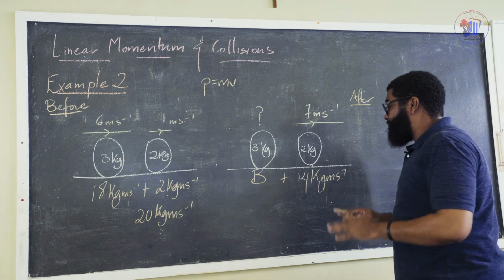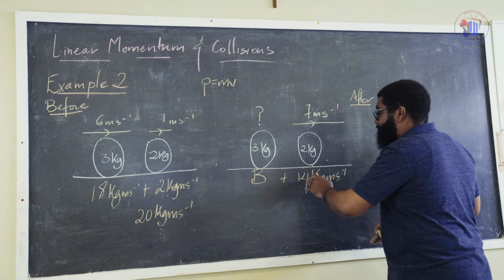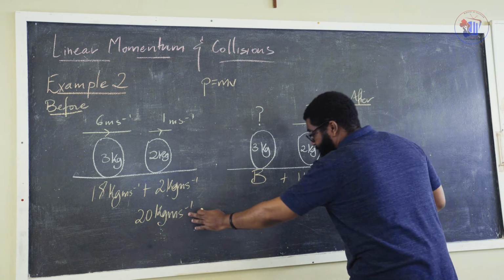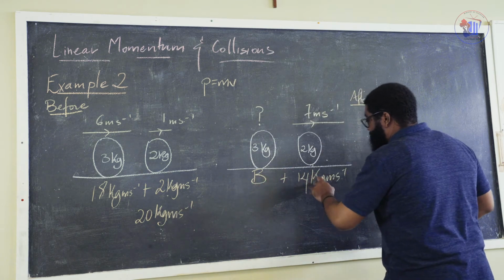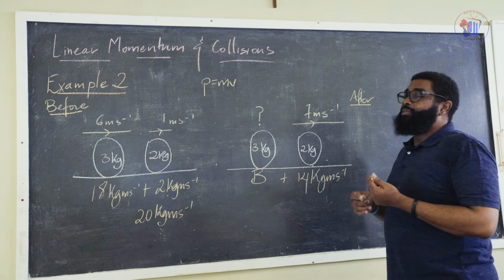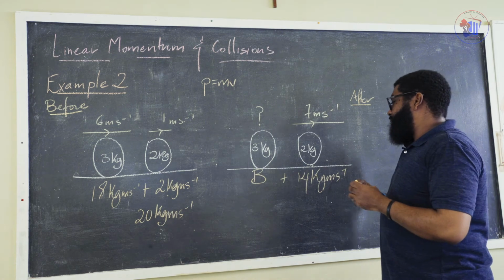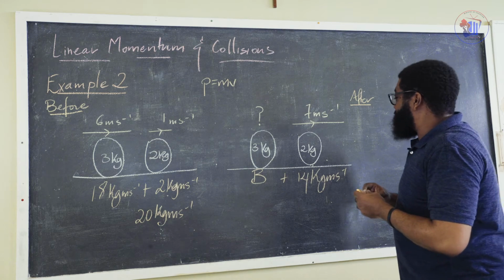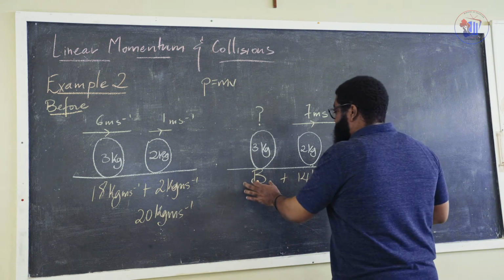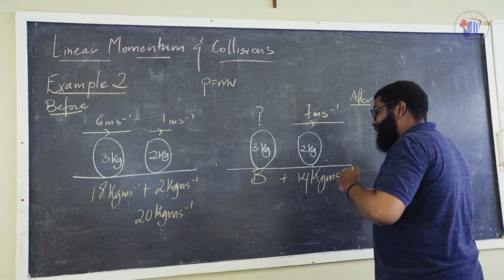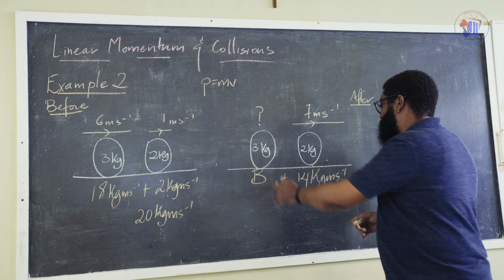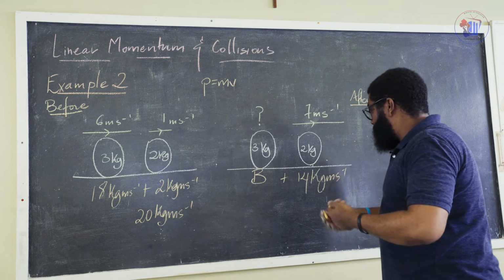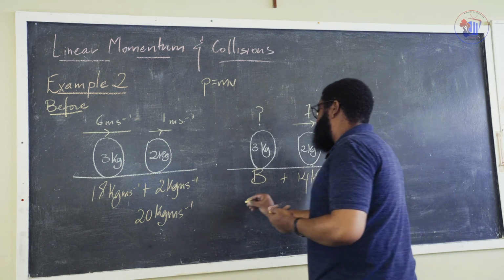So it implies that B plus 14 is 20. In other words, 20 is equal to B plus 14. Now, in primary school, when we were given questions like this, if we got them wrong, we would have got a couple lashes. I hope I don't deserve lashes for getting this one wrong. This B is 6 kilogram meters per second, because 6 plus 14 would give us 20. If we want to do it the correct way, we could write it out.